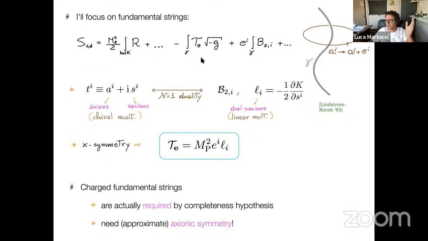Now, so far I've been slightly more general, talking about strings and membranes, but from now on I will focus on strings, which indeed are the main topic of this most recent paper. The strings I have in mind are fundamental strings, that is strings which cannot be resolved into some smooth solitonic object within a four-dimensional effective description. They are electrically charged under a set of two-form potentials.